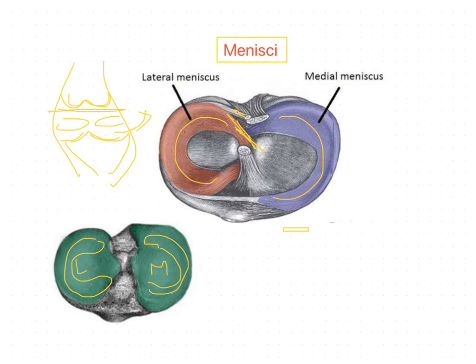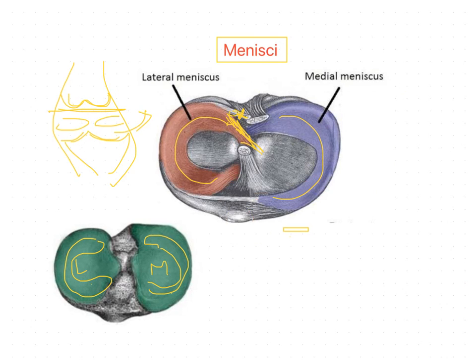The mobility of the posterior end of the meniscus is controlled by the popliteus and by the two meniscofemoral ligaments.